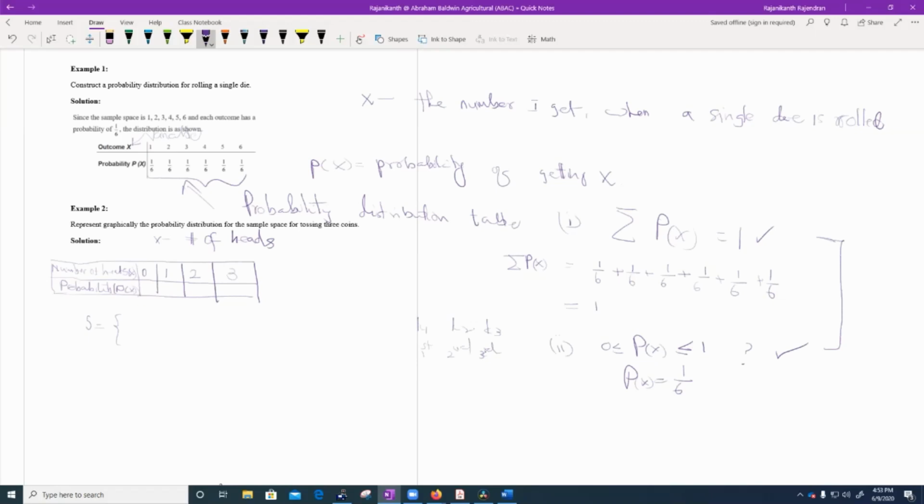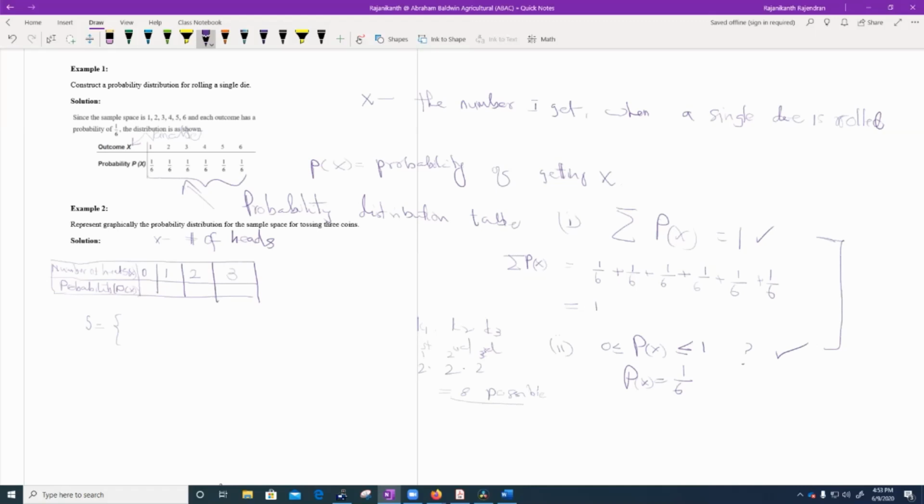When you toss a coin, what are the possibilities? You may have either heads or tails. There are two. So in each case you will have two. Therefore, K1 is 2, K2 is 2, and K3 is also 2, so you will get 8. This is your total number of possibilities when you toss three coins simultaneously. Therefore, your possible outcomes are 8.